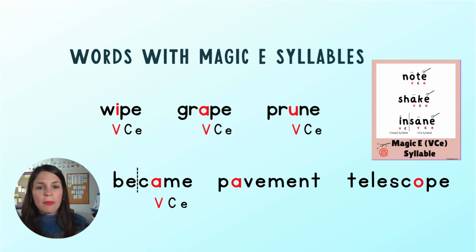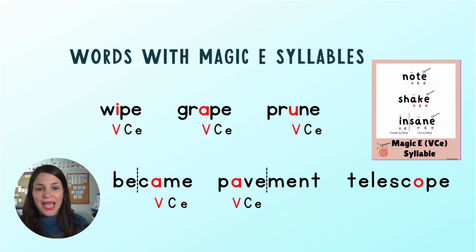Let's look at the word pavement. You might be saying, just before, she said that this has to occur at the end. If we have a magic E syllable, it's going to occur at the end. That doesn't mean the end of words, it means the end of syllables. So we have the word pavement, a two syllable word, and when we break these syllables apart, you're going to see that at the end of the first syllable, we have a magic E syllable type. We have that syllable that follows the vowel, consonant, E pattern.